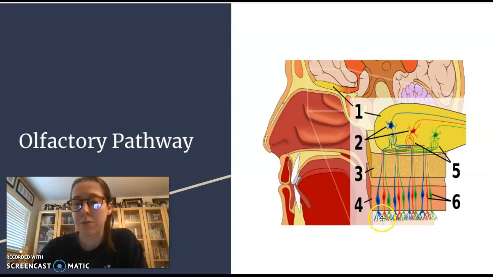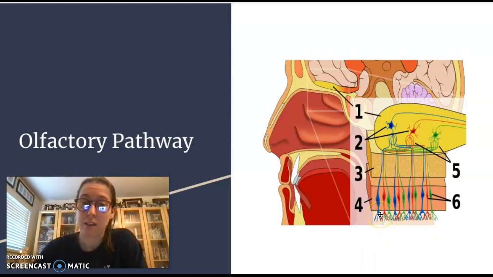The odorant molecules would bind to the dendrites here once they're dissolved, and the binding of the ligand would activate G olfactory, which is a G protein that would then activate on its pathway to open ion channels and depolarize the primary sensory neuron of the olfactory system.